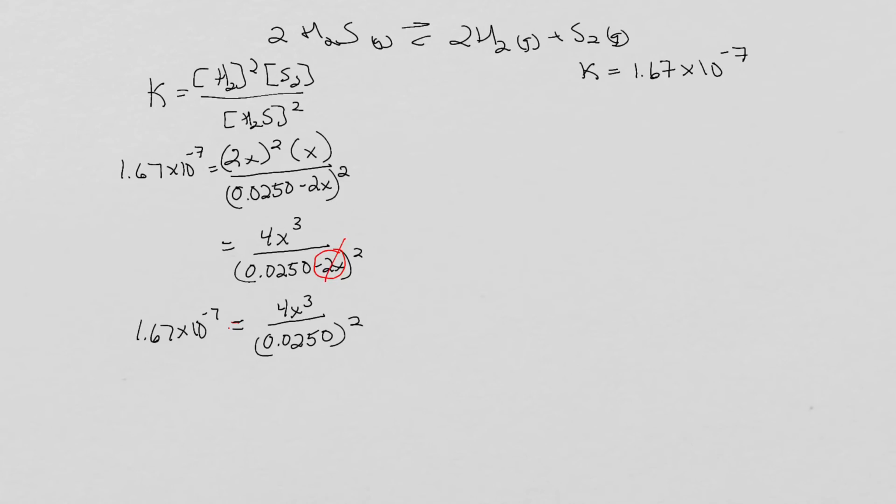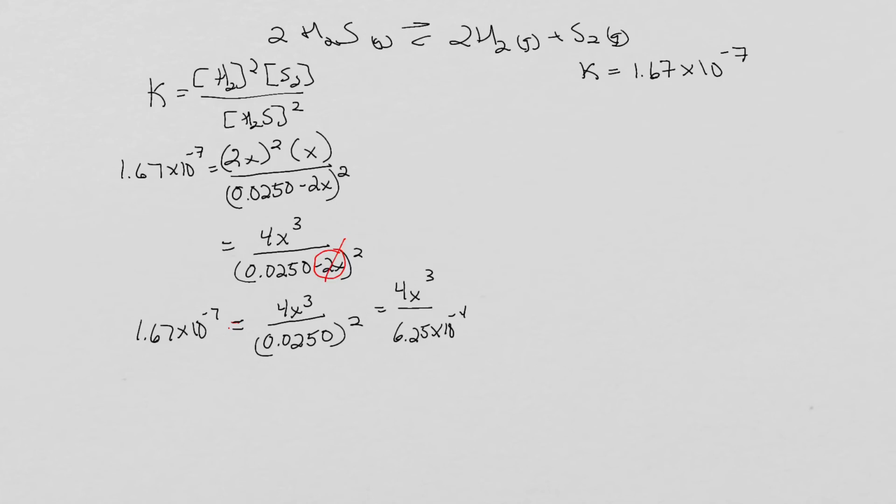And I'm not going to go through all the algebra here, but if we rewrite this as 4x cubed over 0.0250 squared, which is 6.25 times 10 to the negative 4.